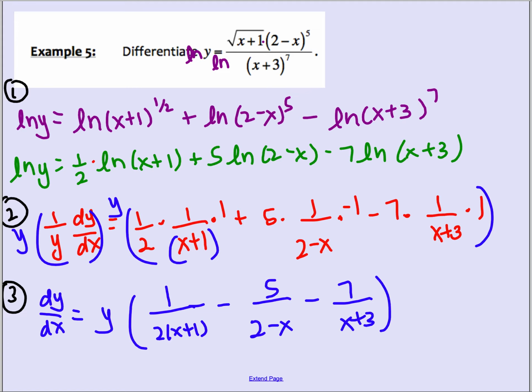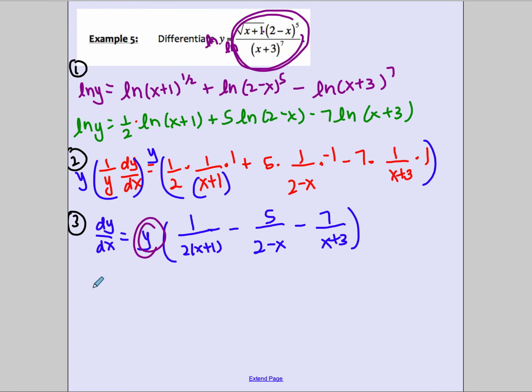And then our final step, you guys, is to go ahead and put what y is equal to in the equation because your answer must be all in terms of x's. Okay. So what does y equal? This entire thing. So we're going to go ahead and just rewrite it with that in. So dy dx equals square root of x plus 1, 2 minus x to the 5th, all over x plus 3 to the 7th.